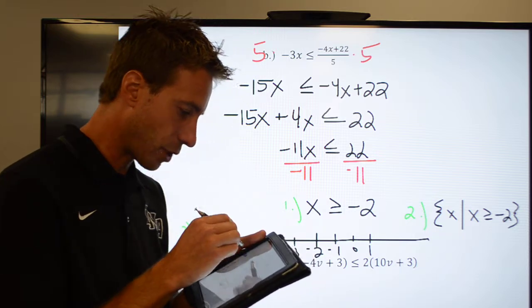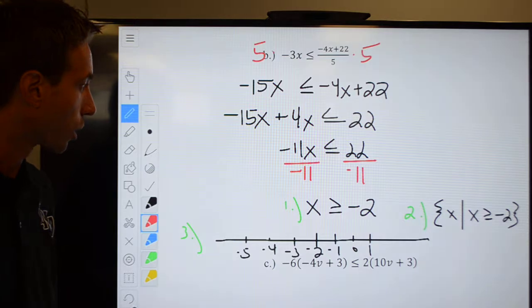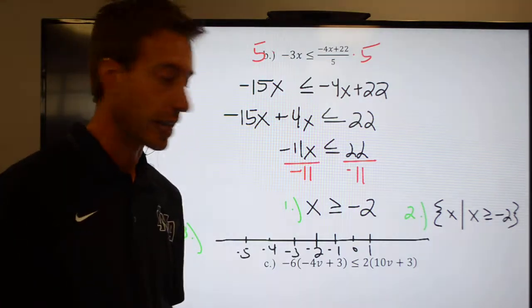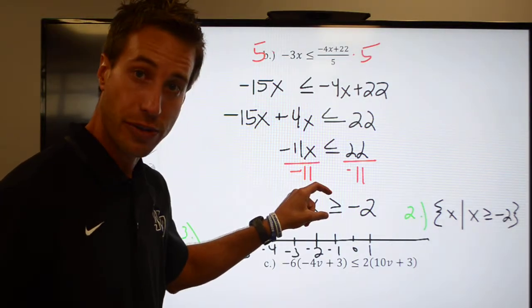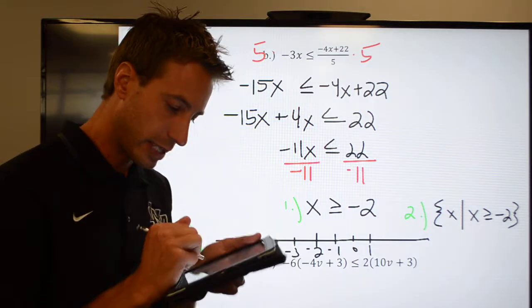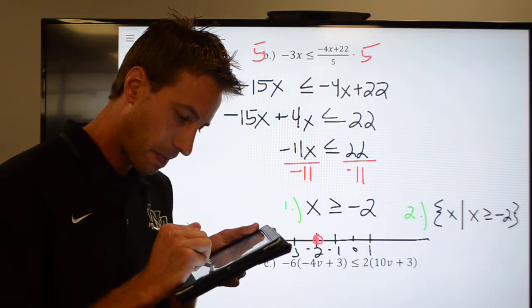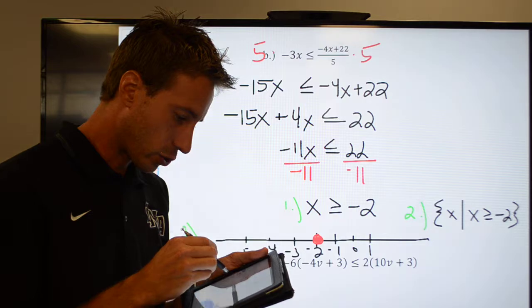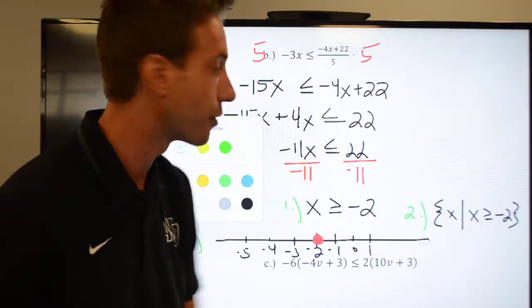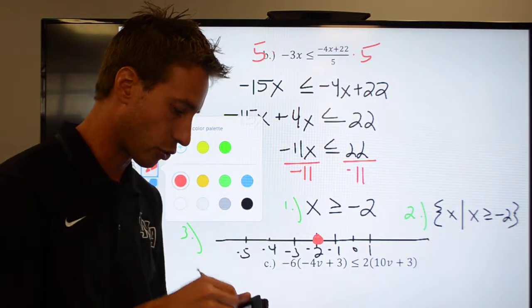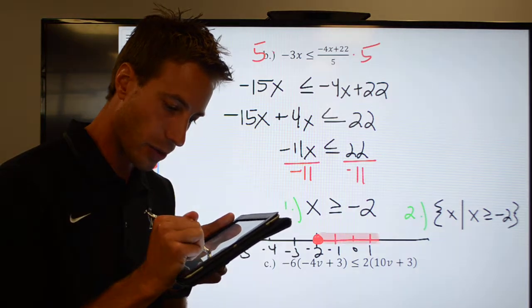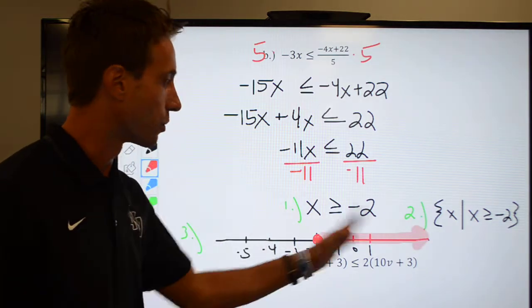The question I have for you is, do I need an open or closed circle? Yeah, you guys are getting good at this now. Because I'm greater than or equal to, I will need to fill that circle in. And then, of course, when I highlight, I need to highlight everything greater than negative 2 because it's all values of x greater than negative 2. So that's everybody going in that direction.